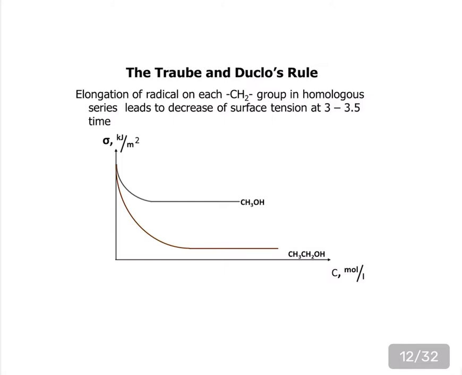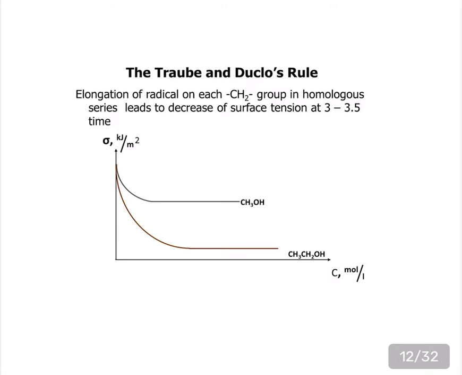So, for example, we have two alcohols, methanol and ethanol. They have the same chemical structure, but ethanol has two carbon atoms in the radical and methanol has one.